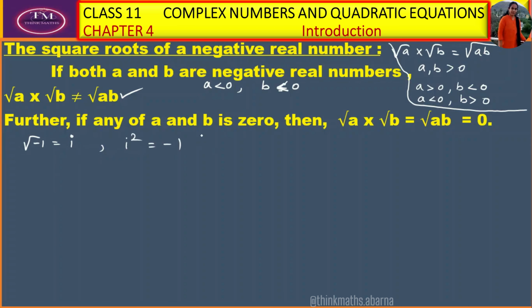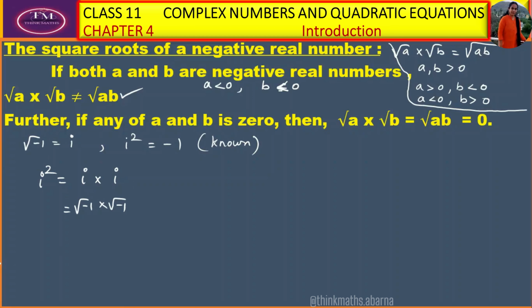These are already known. So i takes the value root minus 1. If you take squares on both sides, you get i square equal to minus 1. Now take i square. i square is nothing but i into i. So what is i into i? i is root minus 1.